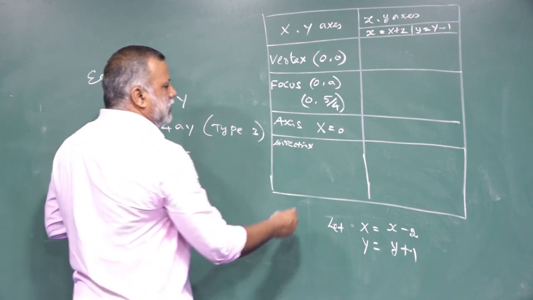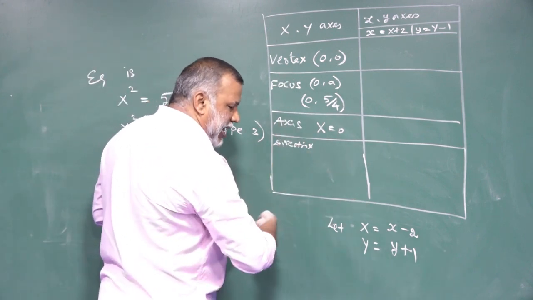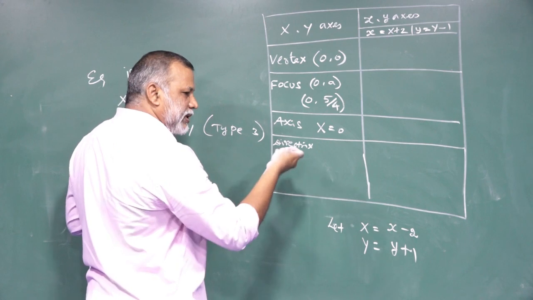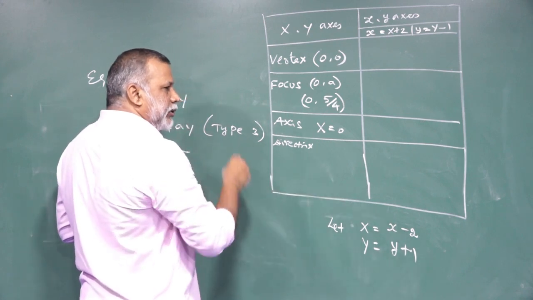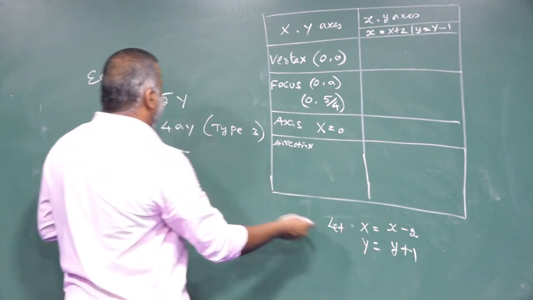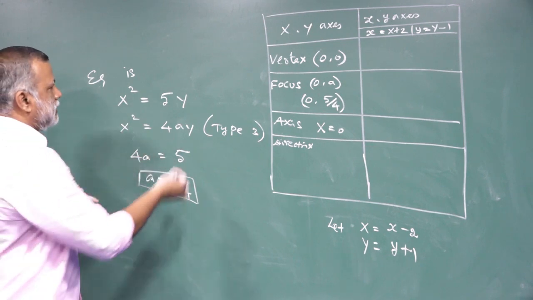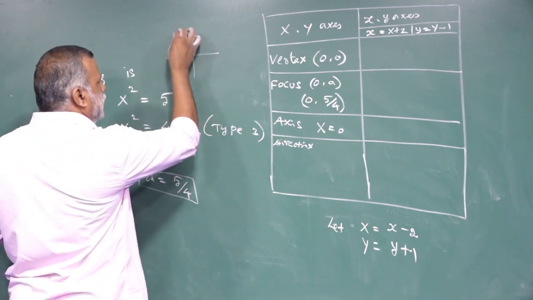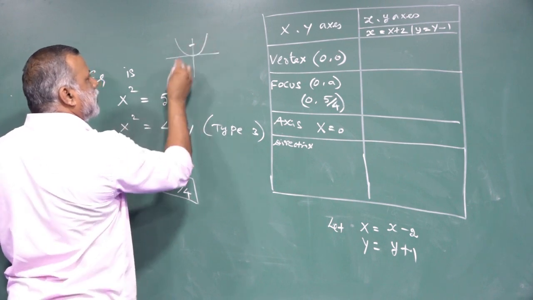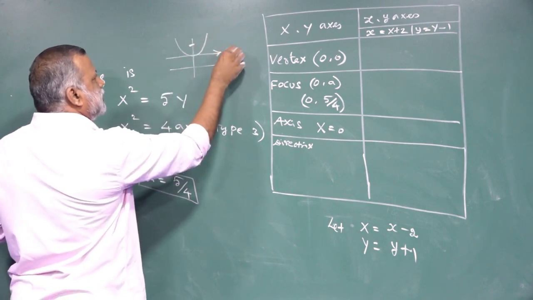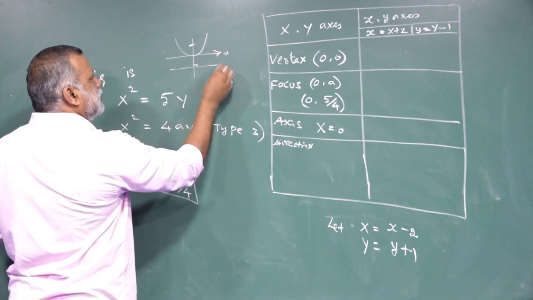See here, the directrix. It is type number 3, so the directrix is placed opposite to the vertex. It lies parallel to the capital X axis, and we have to verify the type number 3: capital X squared equal to 4ay. Just draw this diagram and you are able to work out like this. This is the focus, this is a rough diagram. This is the X axis. Then this is the directrix.